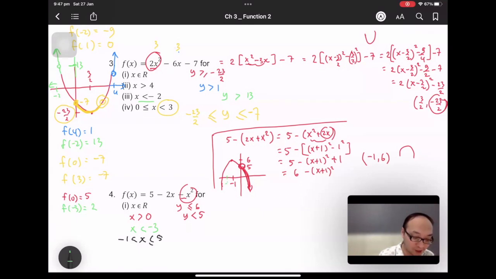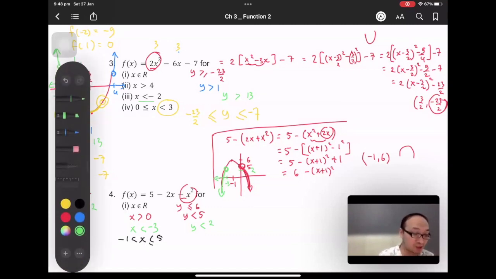Here, -3. Here, 2. Smaller than -3, so it goes to the left, the function goes down. So y is smaller than 2. Yeah, this is one function, so we just take the value at the border.